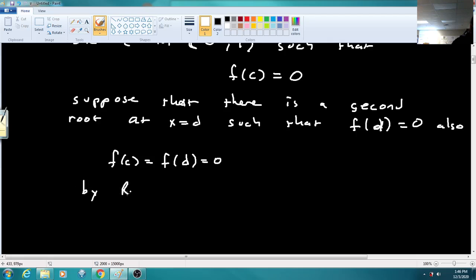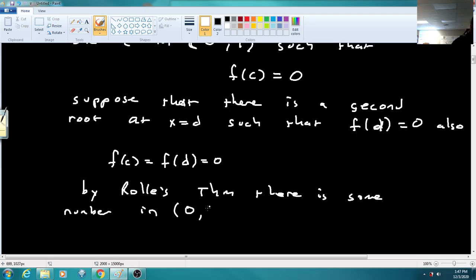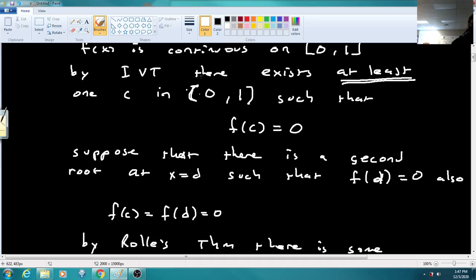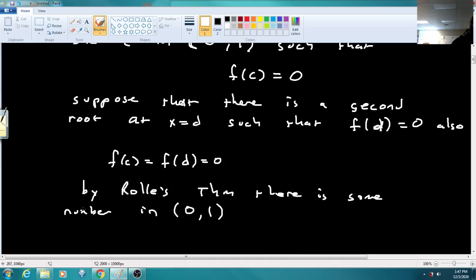So by Rolle's theorem, there is some number in 0 up to 1, because if f of d is a root also, the second root is going to have to be in the same interval 0 to 1. So by Rolle's theorem, there's a second number in that 0 to 1, I'll call it k, such that the derivative at that value is 0.